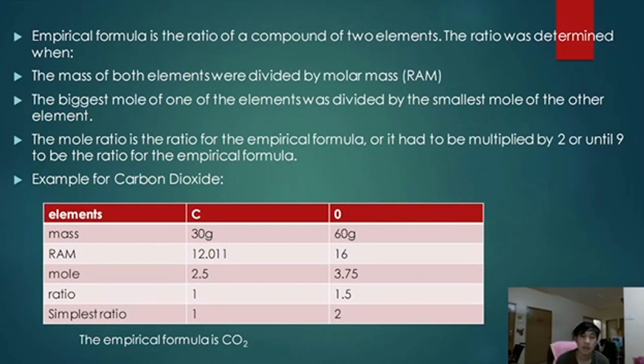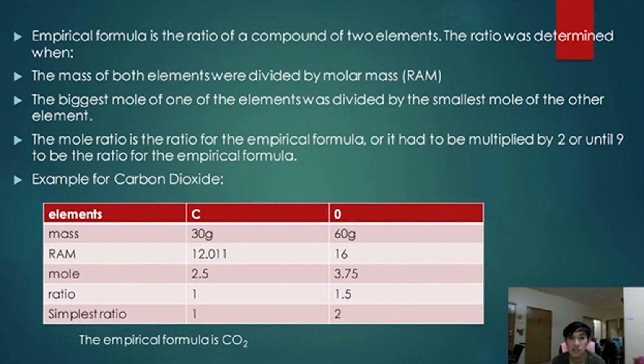The next thing we learn in chapter 4 is empirical formula, which is the ratio of a compound of 2 elements. The ratio is determined when both elements' masses are divided by molar mass. Later, the biggest mole of one of the elements is divided by the smallest mole of the other element.